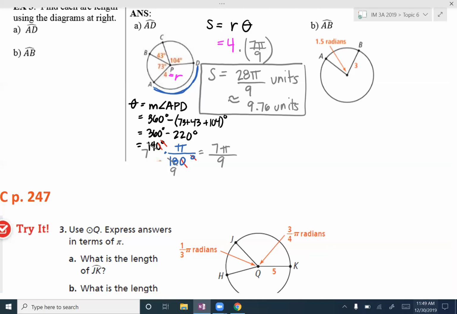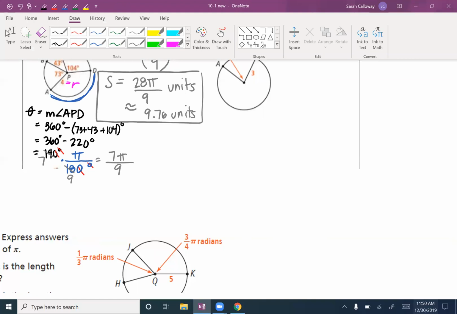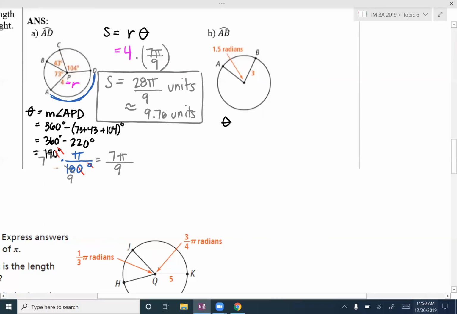In that example, we had a lot of work to do because they didn't give us the angle that subtended the arc, so we had to find that value by subtracting from 360. For B, it's a little bit easier because they gave us the correct angle, and they gave it to us in the correct units. Since this is in radians, we don't have to convert anything. We know automatically theta is just 1.5.